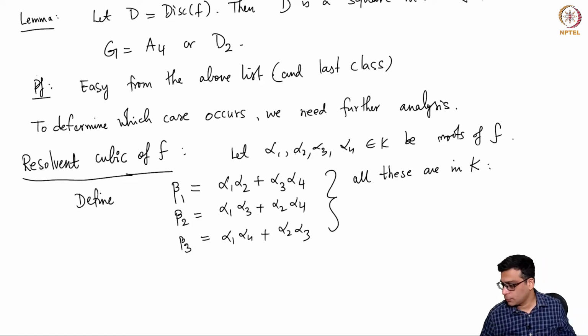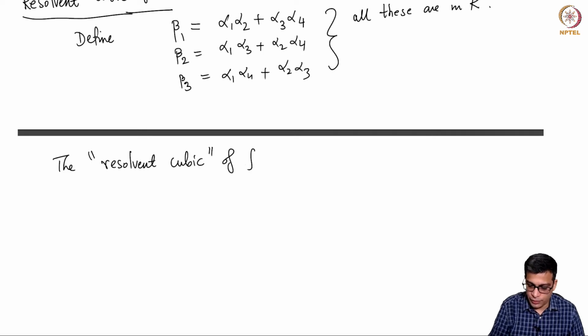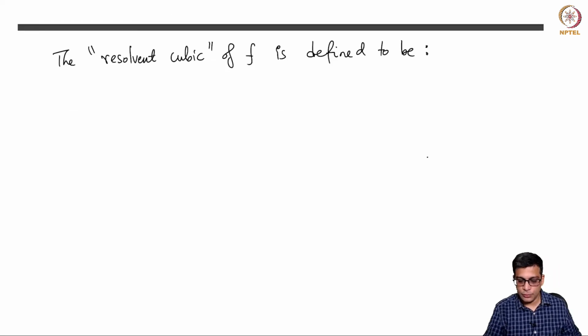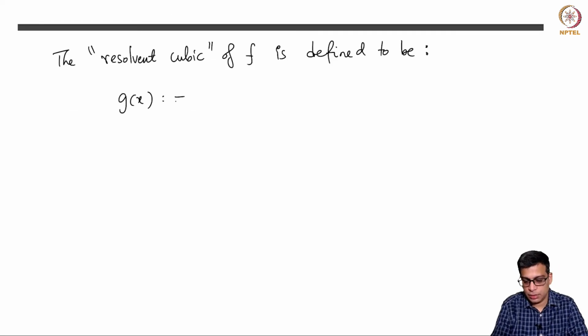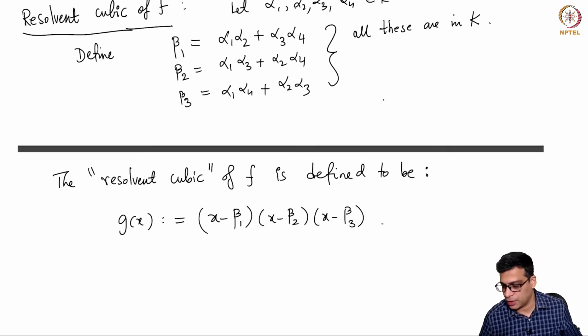Okay. Now the resolvent cubic of F is defined to be G of X equals (x minus beta 1)(x minus beta 2)(x minus beta 3). Okay, so I will do an example where this becomes clear.